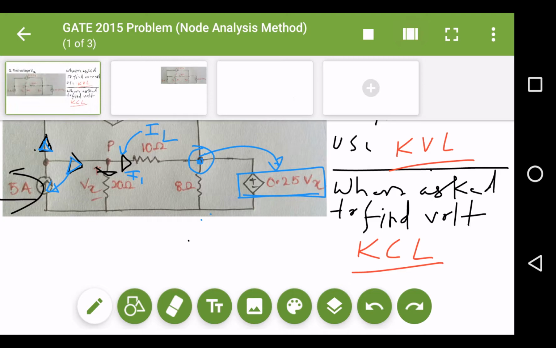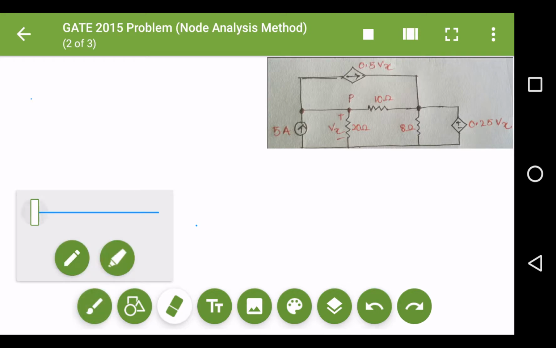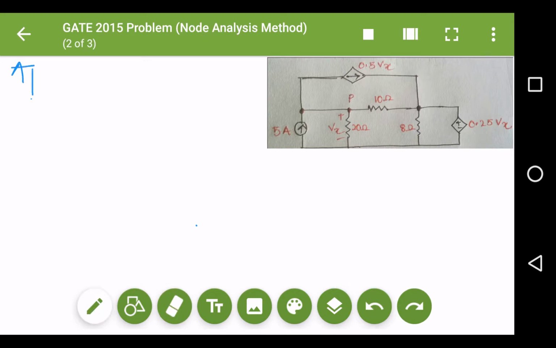Let's apply KCL at point P. This is my point P, and I'm applying the KCL at this point. This current is going outward, this is coming inward, this is going outward, and this is going outward.